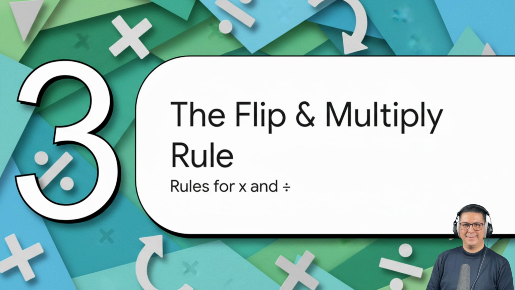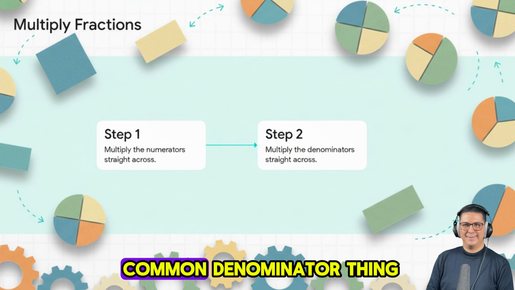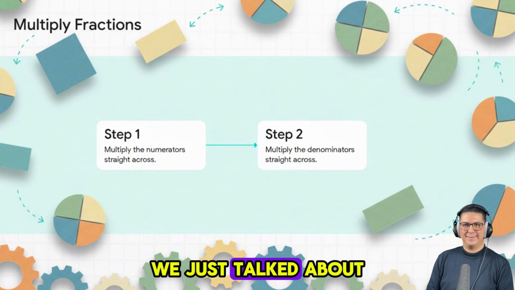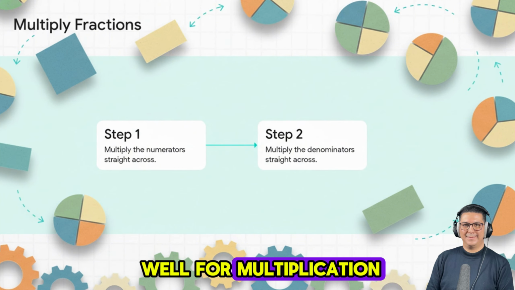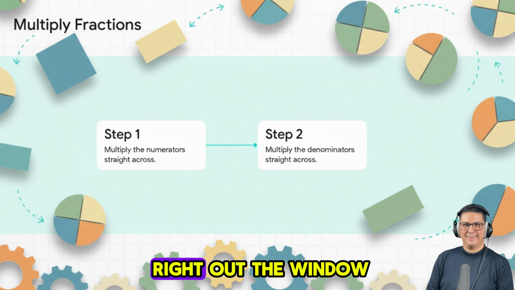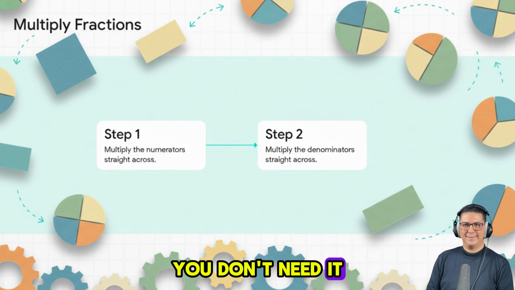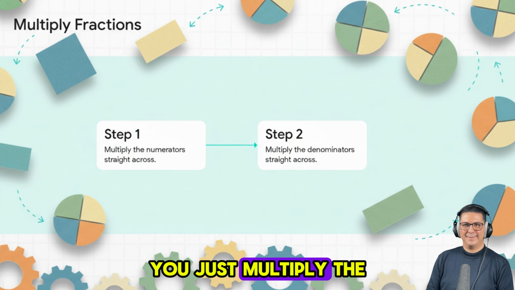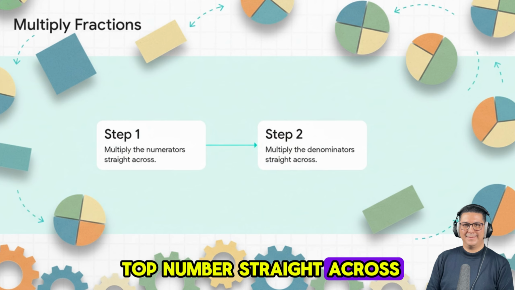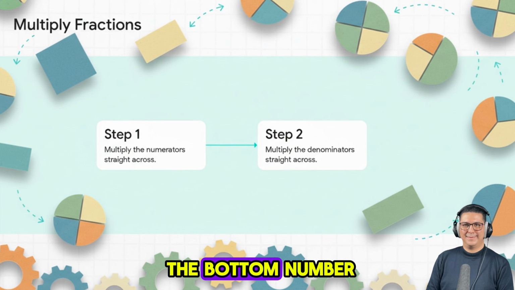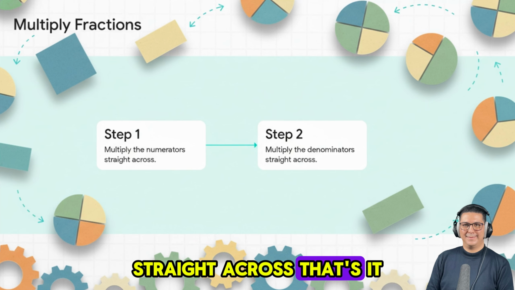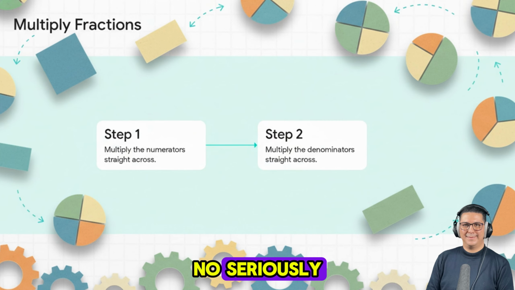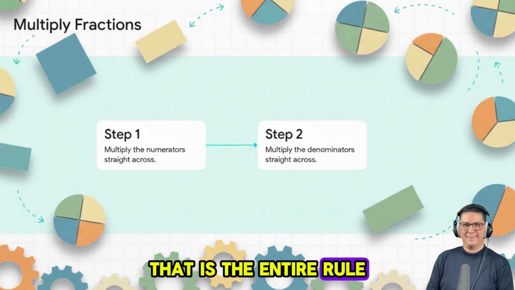For real. You know that whole common denominator thing we just talked about? Well, for multiplication, you can throw it right out the window. You don't need it at all. You just multiply the top numbers straight across, and then you multiply the bottom numbers straight across. That's it. No, seriously, that is the entire rule.